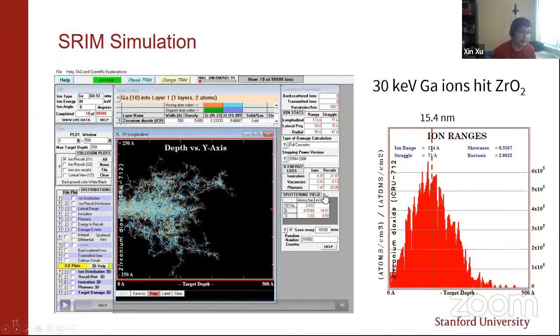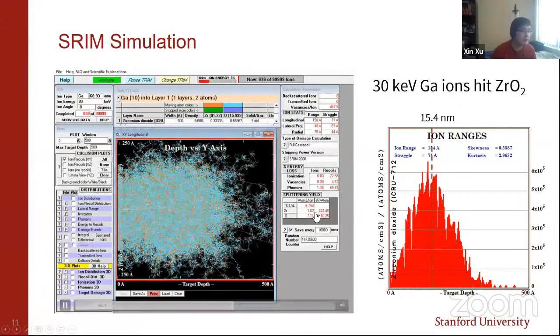Another thing about the simulation you can see is the sputtering yield. So this sputtering yield means that, for example, let me start the video again. The sputtering yield indicates how efficient this beam is at sputtering the sample surface.